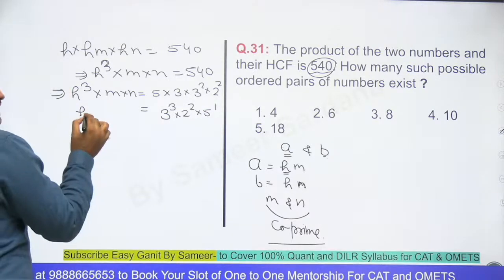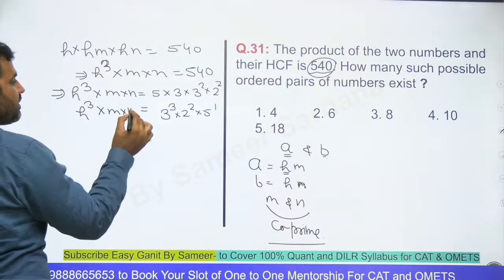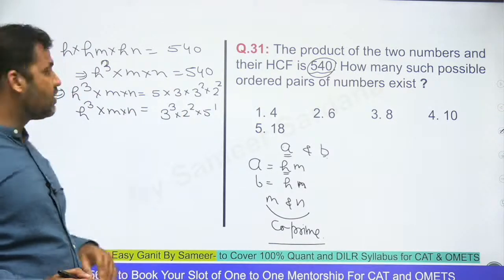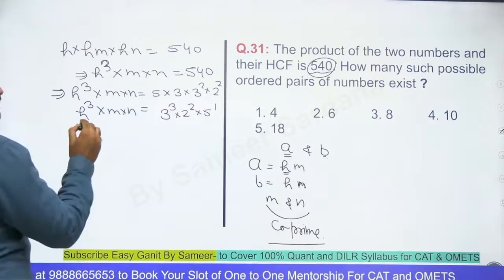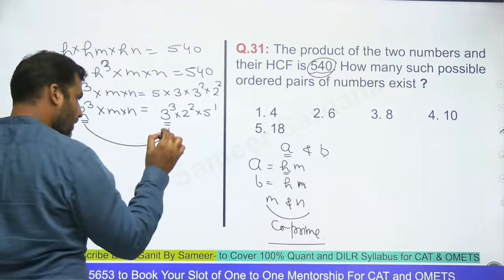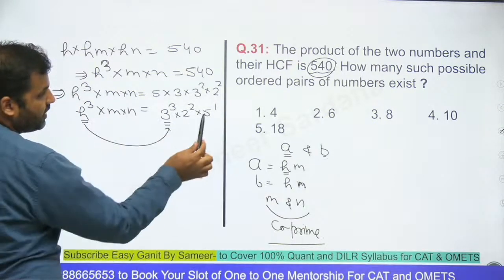Guys, if I say that this is equal to H cube multiplied by M multiplied by N, given to you as this number, right? So can I say that the possible value of H has to be, क्योंकि H की power 3 आनी चाहिए, यहाँ power 2 है, यहाँ power 1 है.